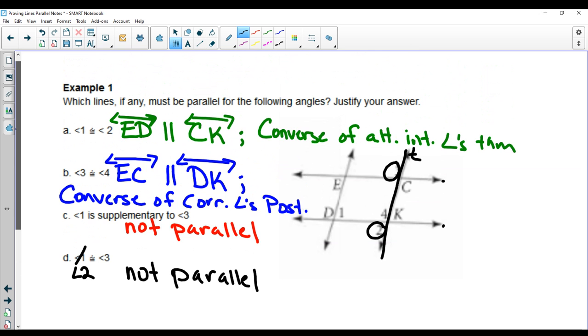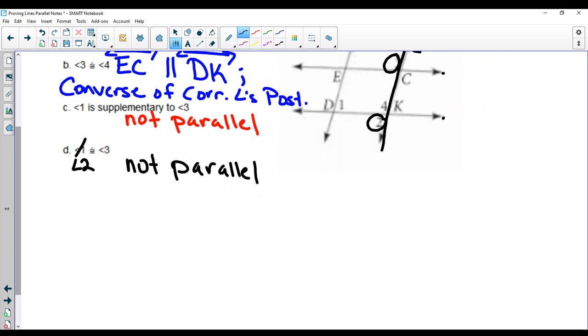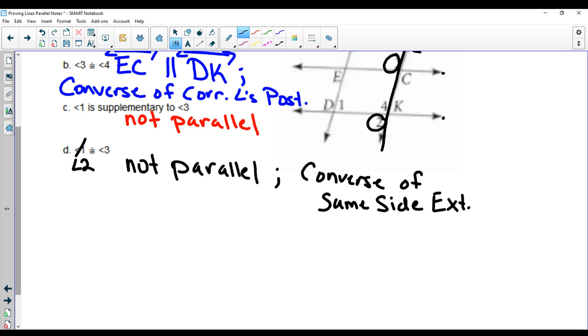Let's see if we have to justify. If we wanted to justify, we would use the converse of the same side exterior angle theorem.